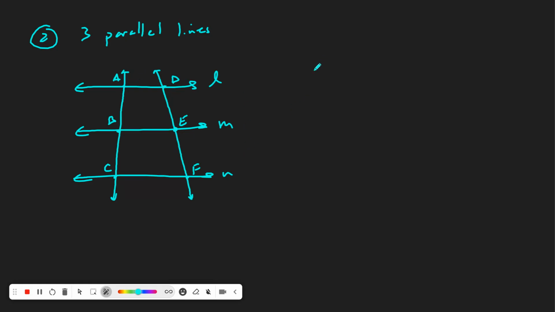So if we know that L is parallel to M is parallel to N, then let's work down this transversal: AB over BC is going to equal, and then go back to the other transversal, DE over EF.